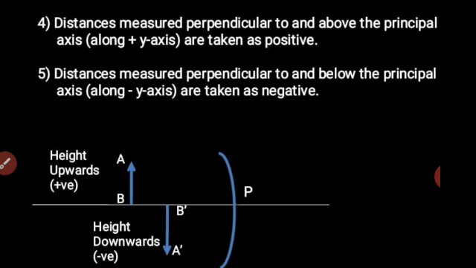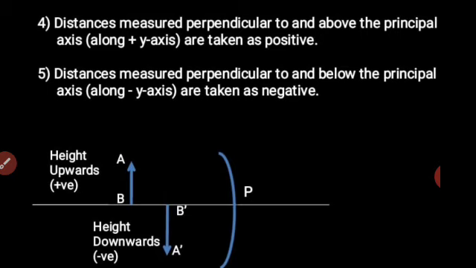Fifth point, distances measured perpendicular to and below the principal axis, that is along negative y-axis, are taken as negative. Look at the image A dash B dash shown in the diagram. This image is formed below the principal axis and it is pointed downwards. Such distances are taken as negative.